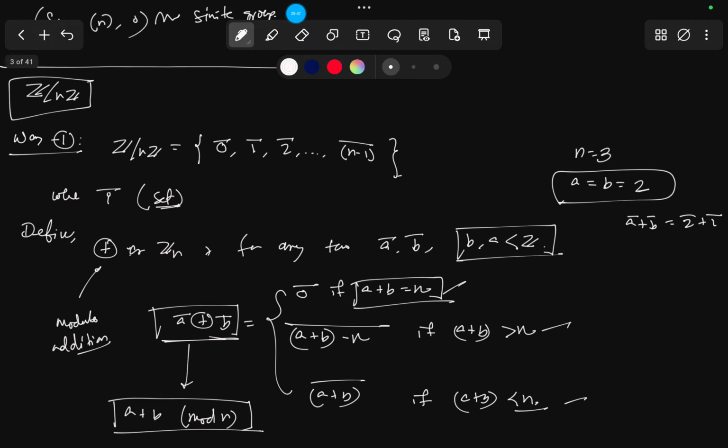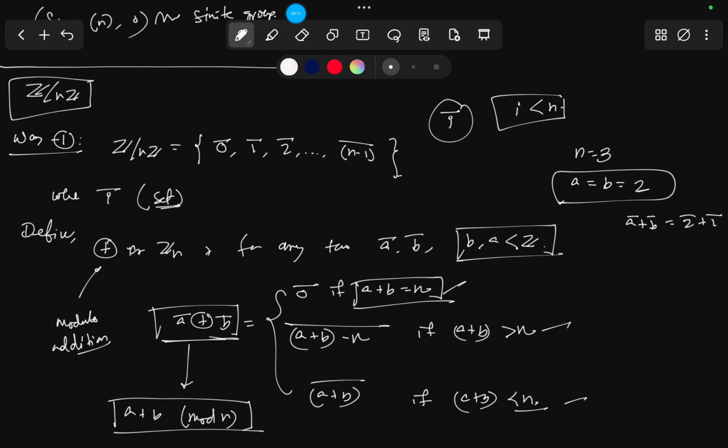Because anyhow we need the sum to lie in Z mod nZ, and for that purpose we need the sum to be of the form 0 bar, 1 bar, 2 bar, up to n minus 1 bar. That means we need something of the form i bar where i is less than n, right?